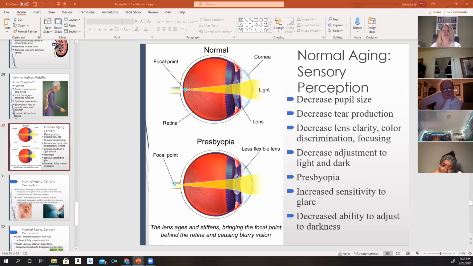You're going to have a decreased adjustment to light and dark. You're going to have presbyopia. So presbyopia is the gradual loss of your eye's ability to focus on nearby objects. You're going to have an increased sensitivity to glare and a decreased ability to adjust to darkness.